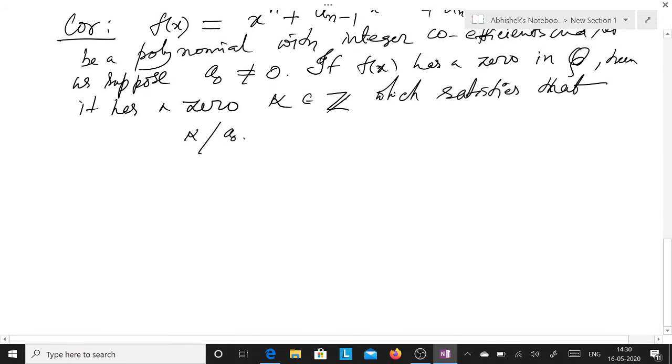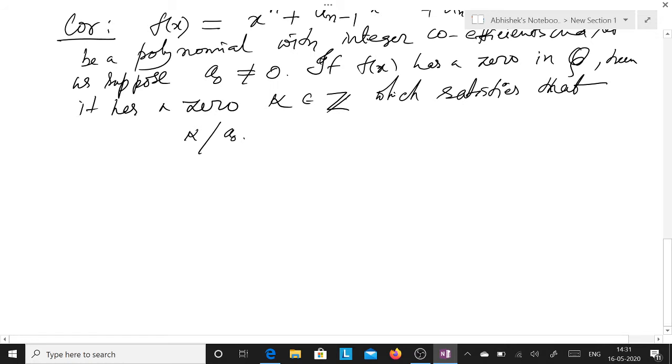And we notice that if a polynomial f(x) with integer coefficients and having leading coefficient 1, and if we suppose that the constant coefficient is non-zero, if it has a 0 in the field of rationals, then it must have a 0 in the ring of integers which divides a_0.